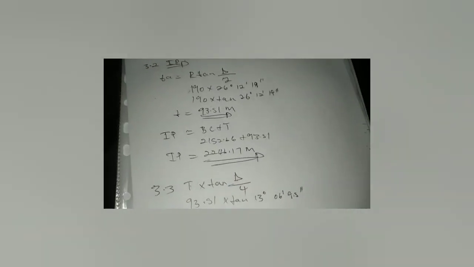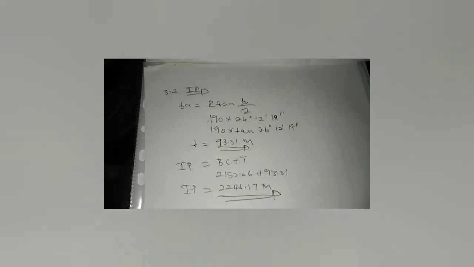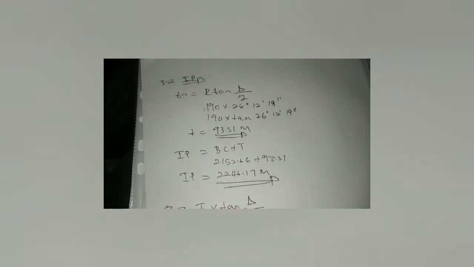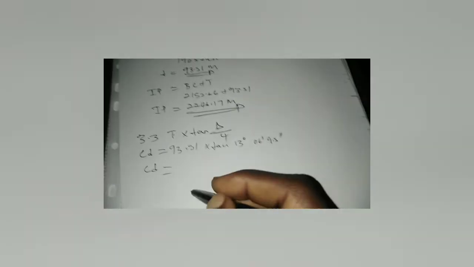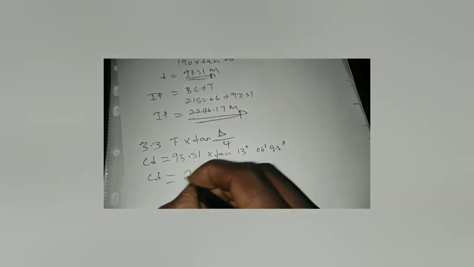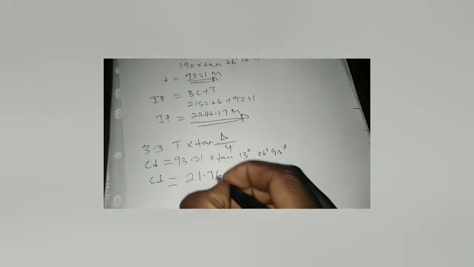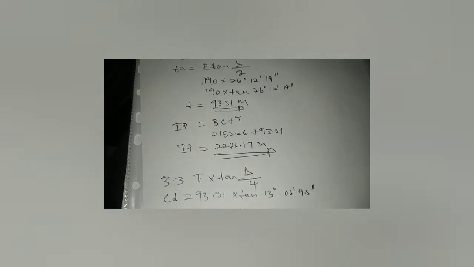We're calculating the crown distance. Our answer will be 21.76, when you punch everything in, meters.